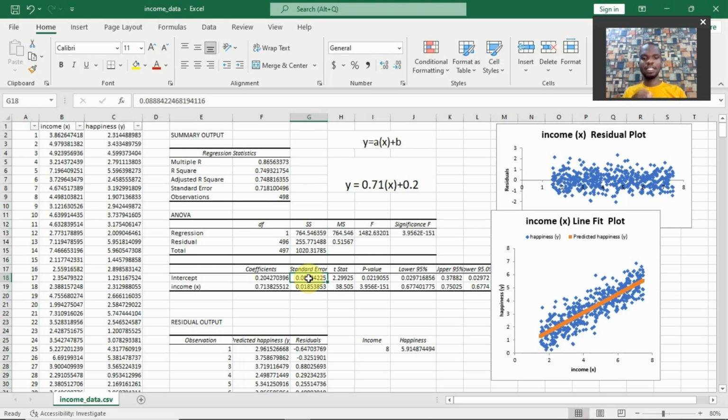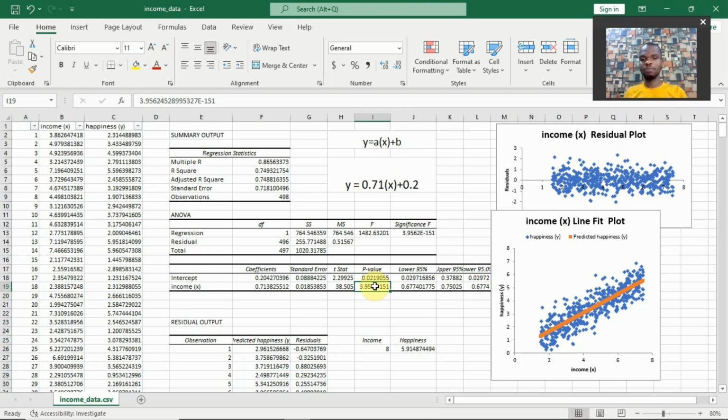All right. Another significant thing we can see here is our p-value, which is this significance F here, but in regression we'll call it our p-value. And we say as long as this value is less than 5%, which is 0.05, we can accept the result of this analysis because it fits 95% of our data.